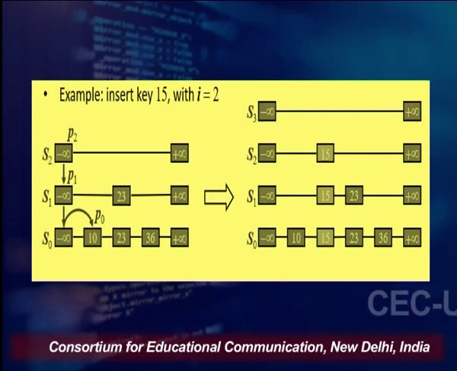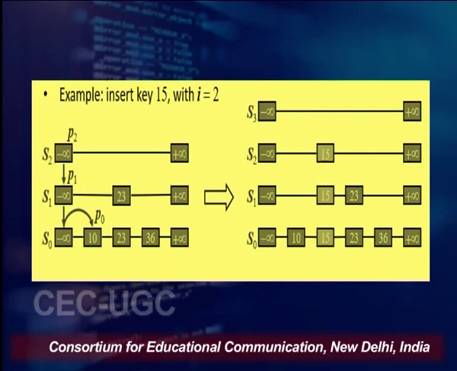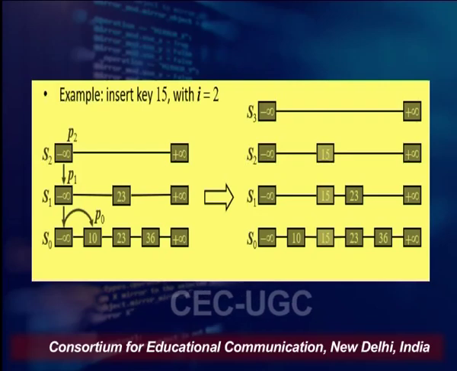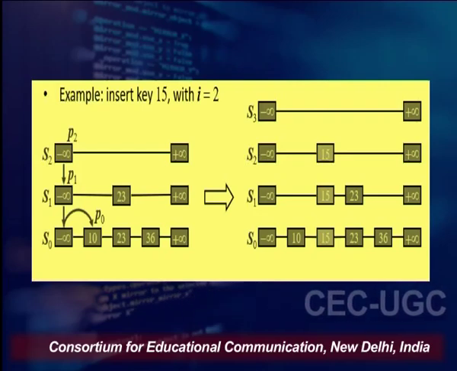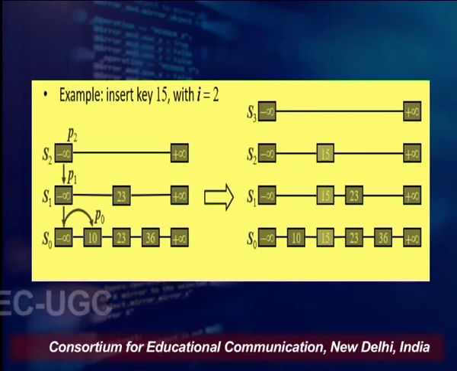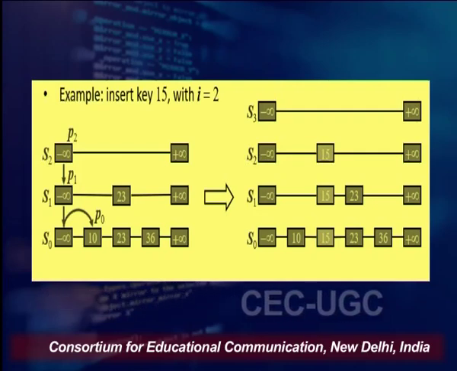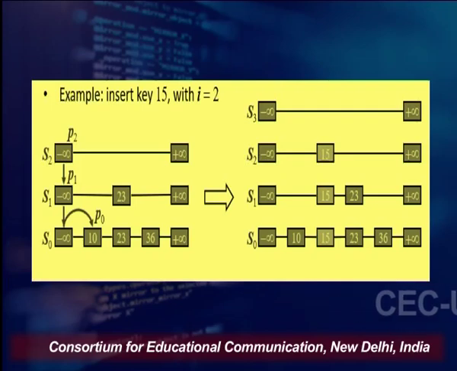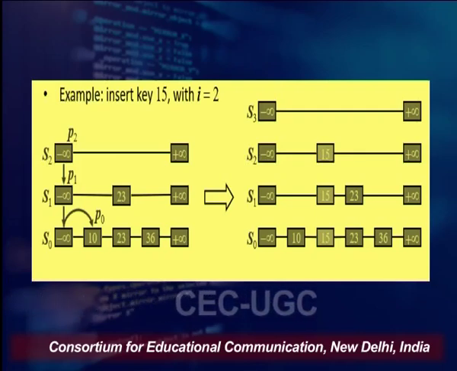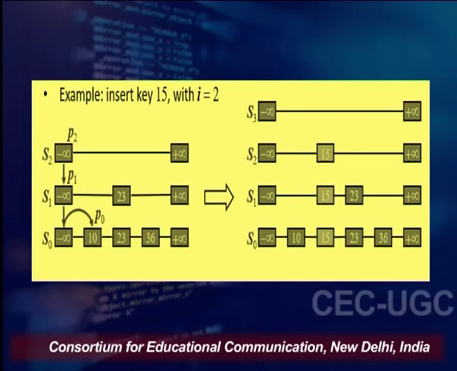In the figure on the right hand side, you can see 15 is replicated on S1 and on S2, and because of this action, one more list is introduced in the skip list, at the level S3, starting from minus infinity to plus infinity, because the last level will have only the 2 elements, minus infinity and plus infinity, and that we have seen earlier also.